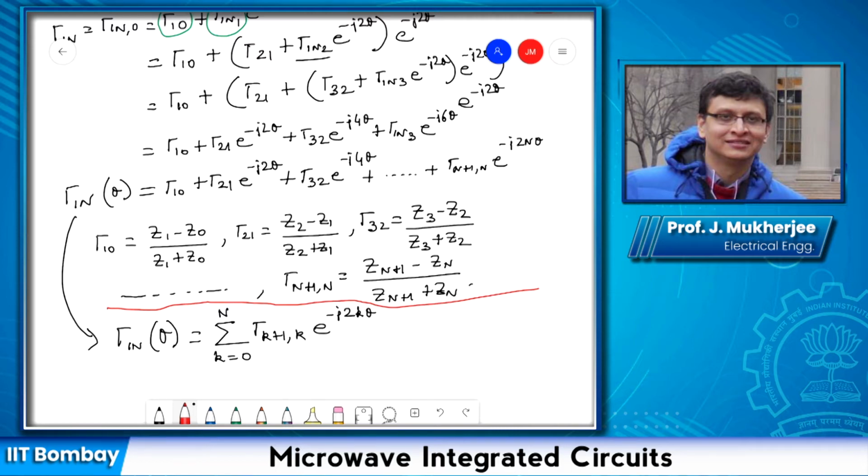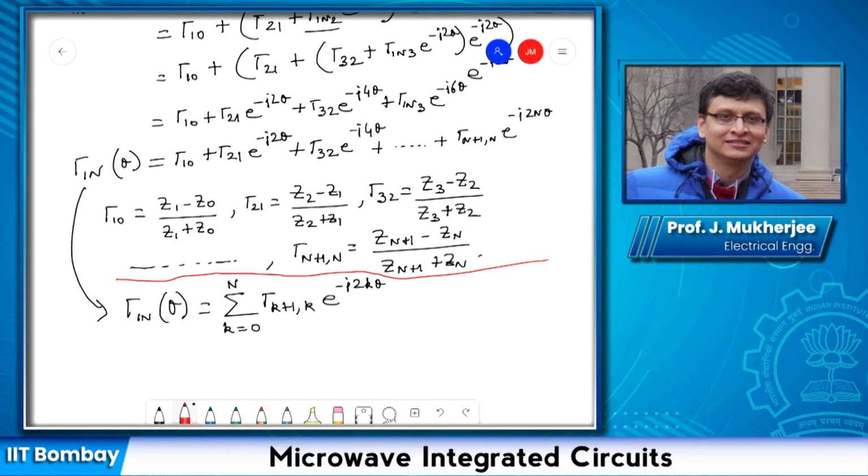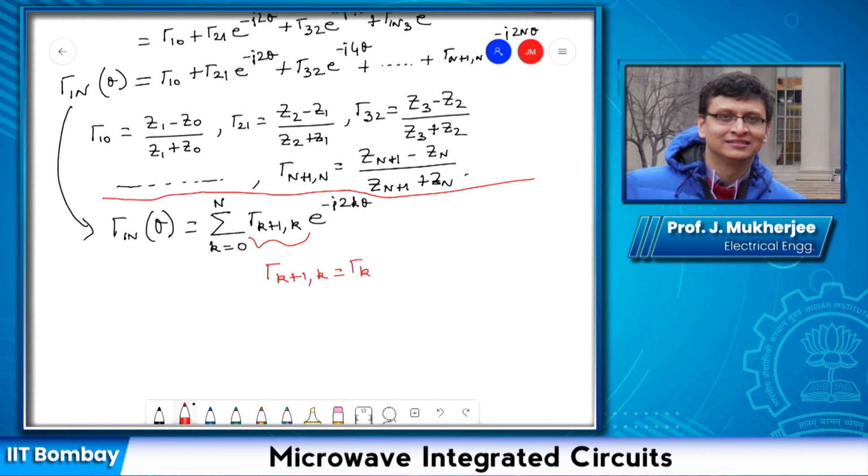In fact, instead of writing it like this, I just write the simplified form.